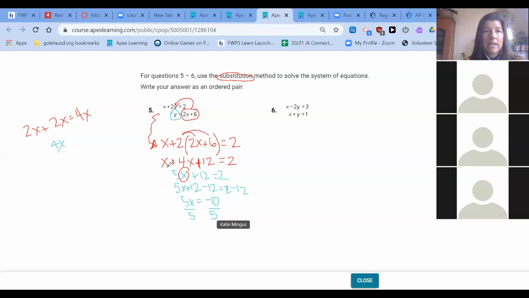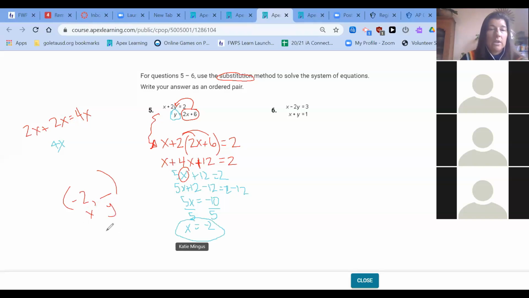Beautiful. So x equals, beautiful. Okay, so we're halfway done. We know our x value equals -2. And so now we're looking for the corresponding y value that goes with that.